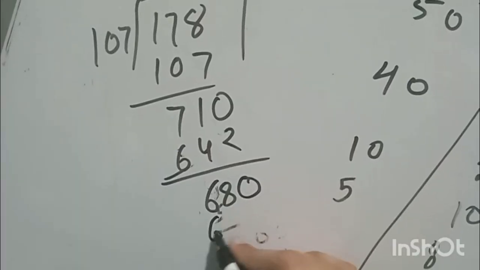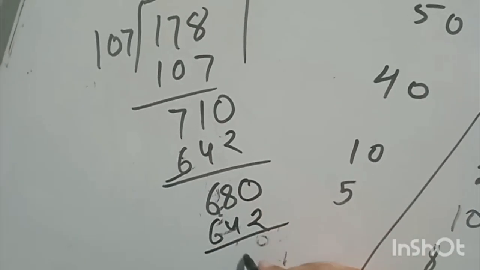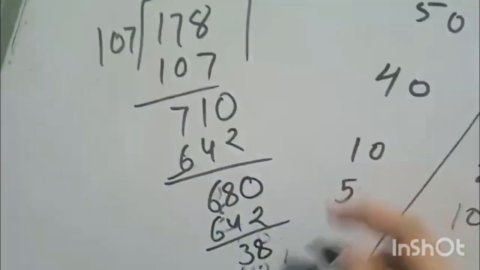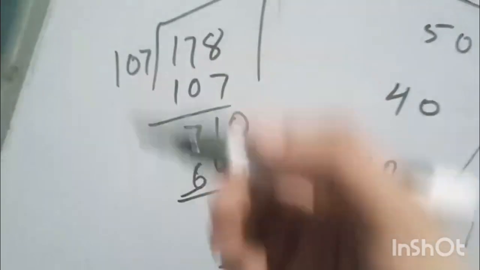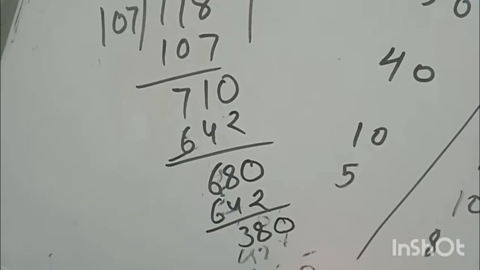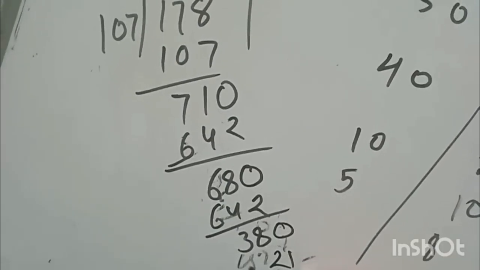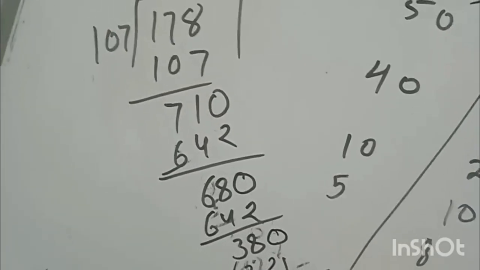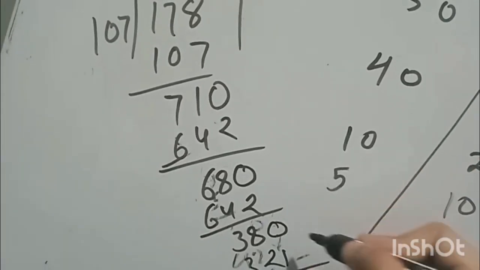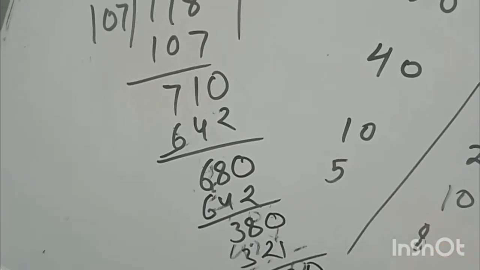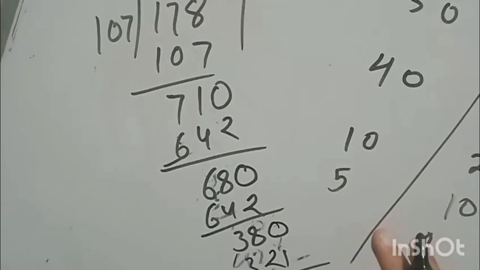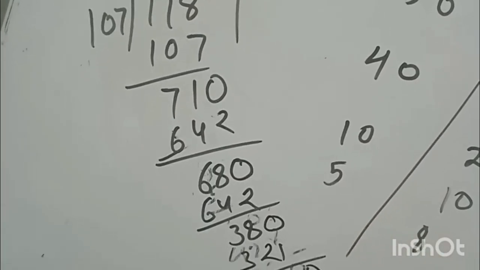Now again, it would be 642 and 38 point, 166.21, 3 again 59, I guess. Yes, and then again. Okay, we can leave from here, I guess.